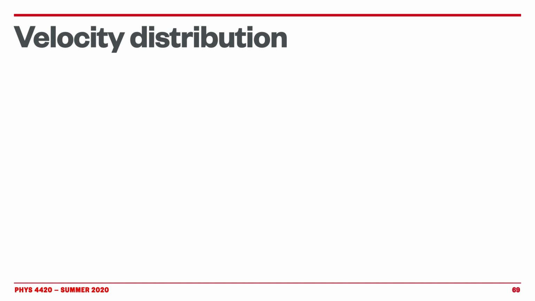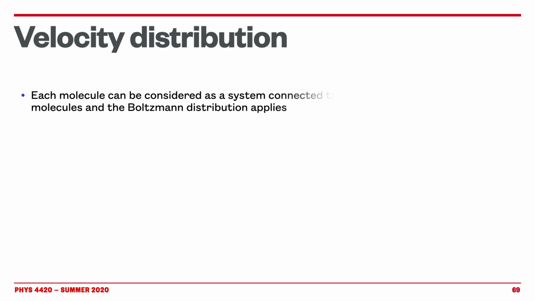That means that if we can do that, we can use the Boltzmann distribution. The Boltzmann distribution is going to give me the probability of finding the molecule in a certain energy state. But energy states here are defined by the kinetic energy. Remember, the Boltzmann factor corresponds to the energy of a particle divided by kT. So basically, that's what we will be doing here.